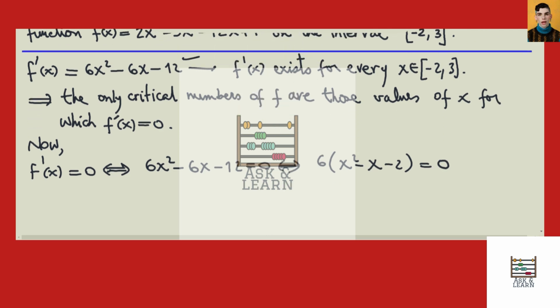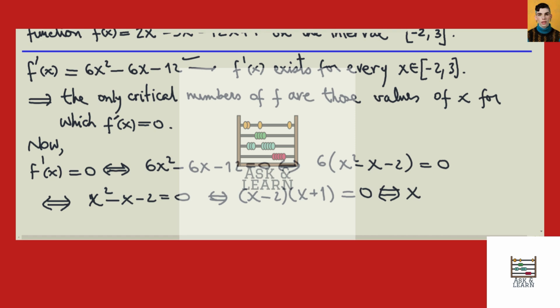Because 6 is a non-zero number, we can say this is the same as x squared minus x minus 2 equals 0. And we can factor this polynomial as (x minus 2) times (x plus 1) equals 0. This product is 0 if either of the factors is 0, so x is 2 or x is -1.